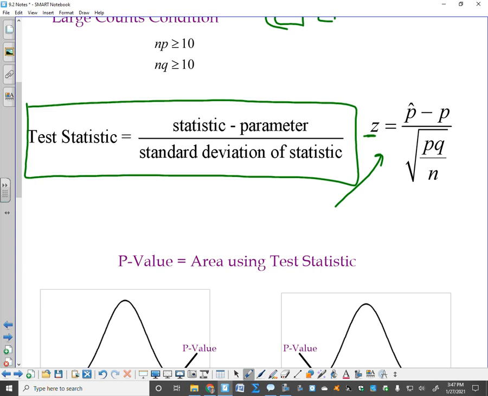So you're going to find a z-score: statistic, p hat, minus parameter, p, over standard deviation of statistic, which is the square root of PQ over N, which I must know because I know P. Remember, you always want to use population information over sample information if the population information is provided.